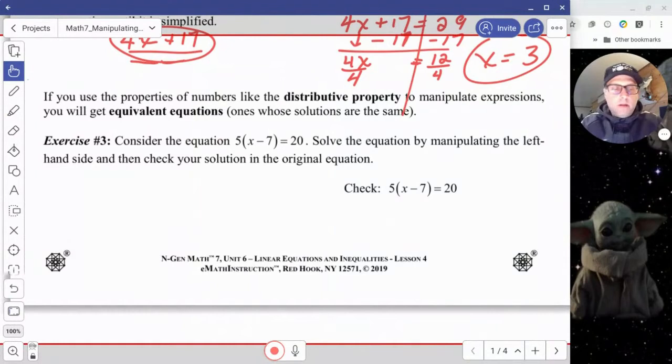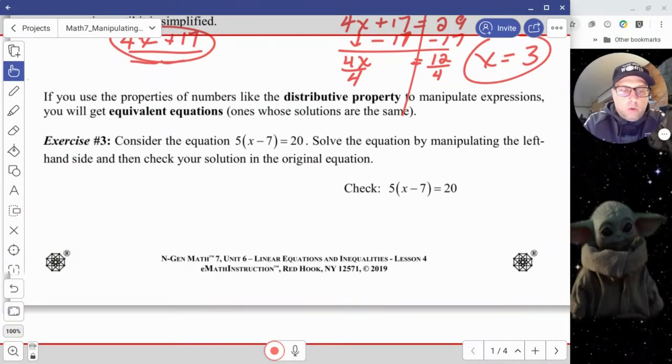Exercise 3. So if we use properties of numbers, if we use things like distributive property, remember the other 2 big ones were commutative, which allows us to move the terms around, and associative, which allows us to group terms using parentheses or to change groupings that already have parentheses.